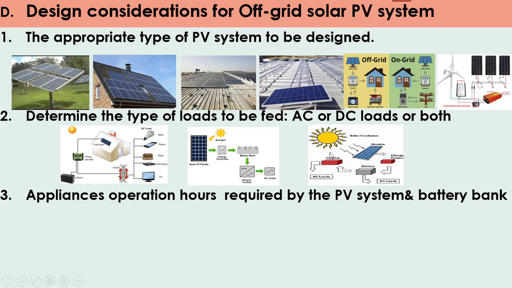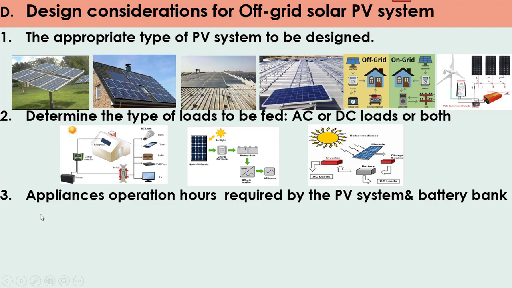Or we have a combination of both DC and AC loads. As we see in this diagram, we have AC loads, and also we have DC load that can be fed directly from the charge controller.